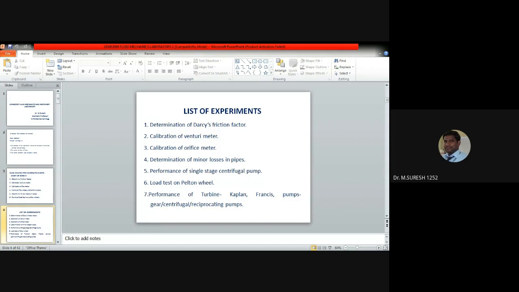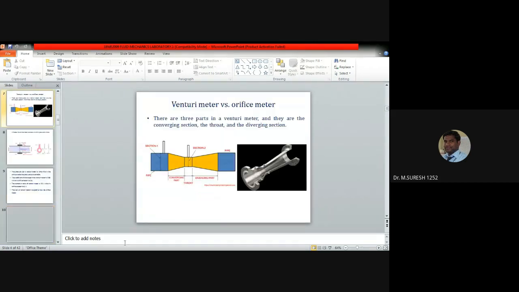The main difference you should know is between the venturi meter and the orifice meter. If you look at this image, the venturi meter consists of three parts: one is converging, the next is diverging, and the third is the throat section.